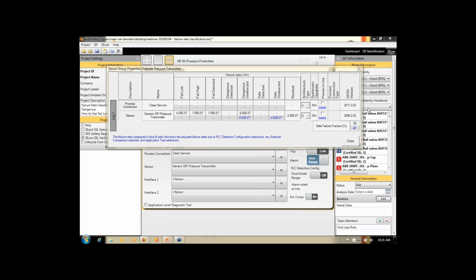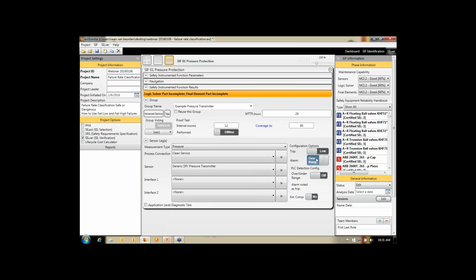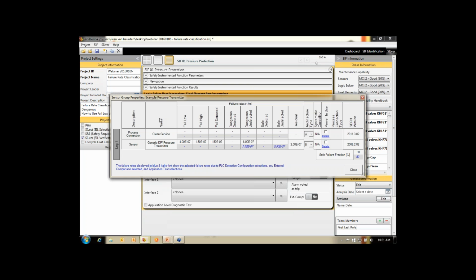And it probably won't be a surprise that if we say we drive all our outputs under range, the failure rate classification shows that our outputs fail low and fail detected, 4 plus 1.5, are now safe undetected, and that the fail high is the only one that gets added to the dangerous undetected failures.